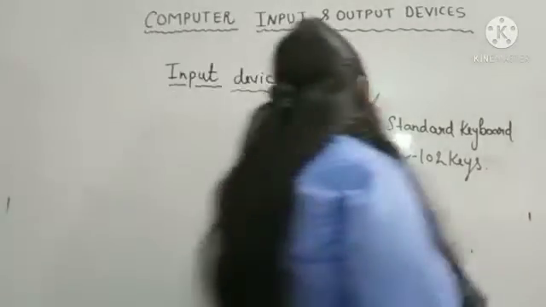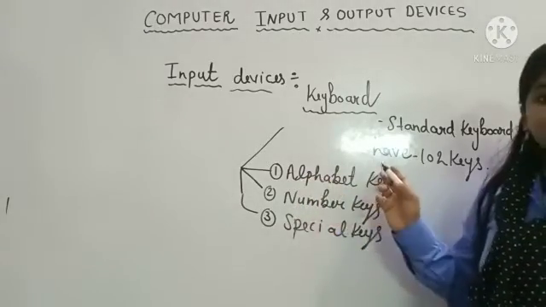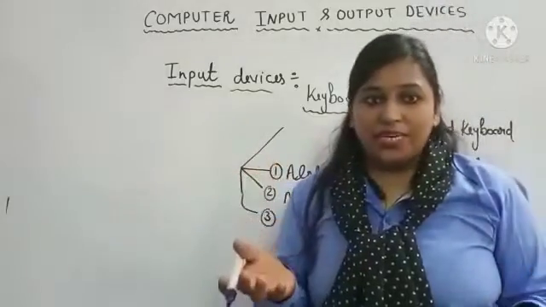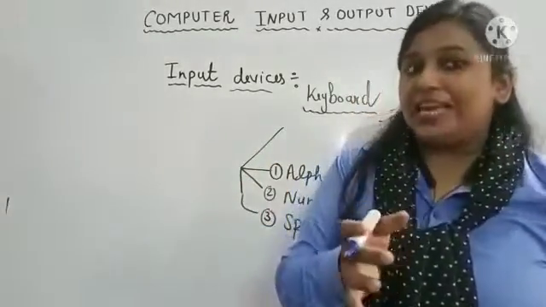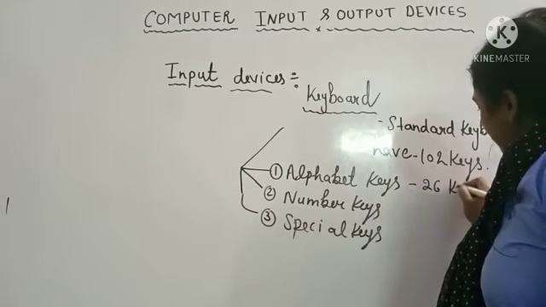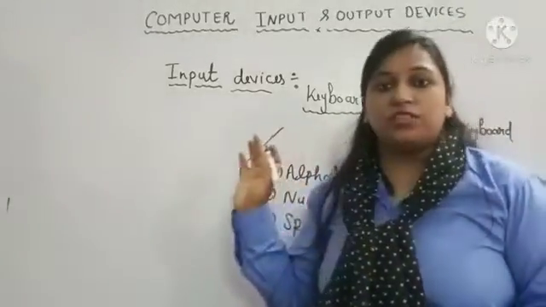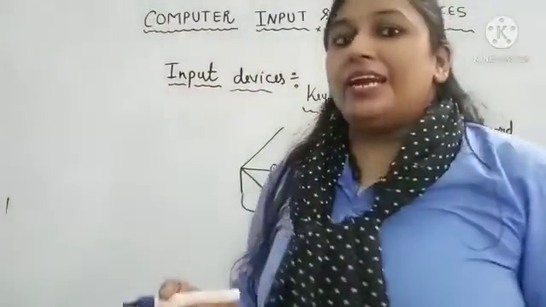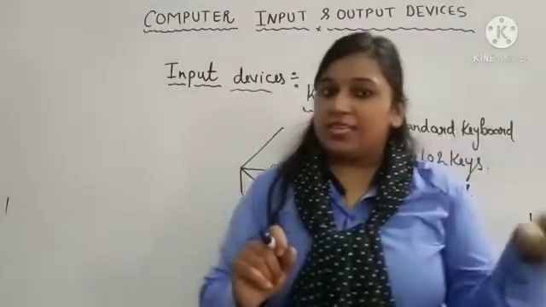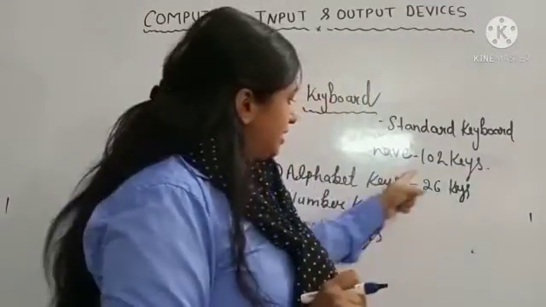So there are three types of keys in a keyboard. Alphabet keys: you know there are 26 alphabets, so there are 26 alphabet keys present on the keyboard. With the help of alphabet keys, you can write any letter, any sentence, anything on a computer, right?